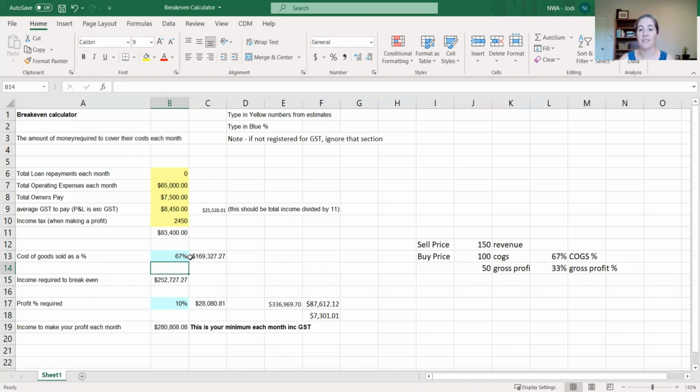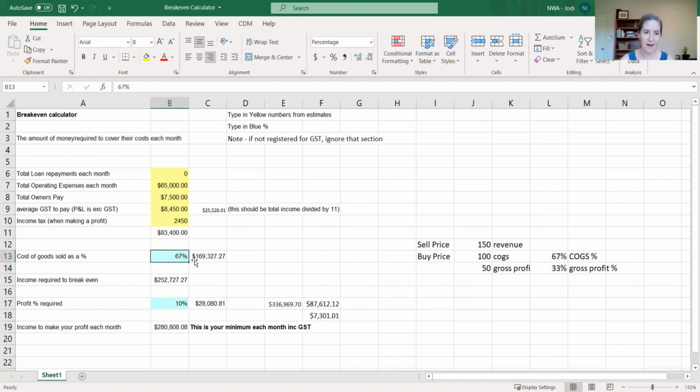So I would hesitate to add 50 bucks on, and I would add more on. Please add your prices up or increase your prices if that's your cost of goods percentage. What I like to see is the opposite way around. So the 35% cost of goods sold and the 60-odd% gross profit.